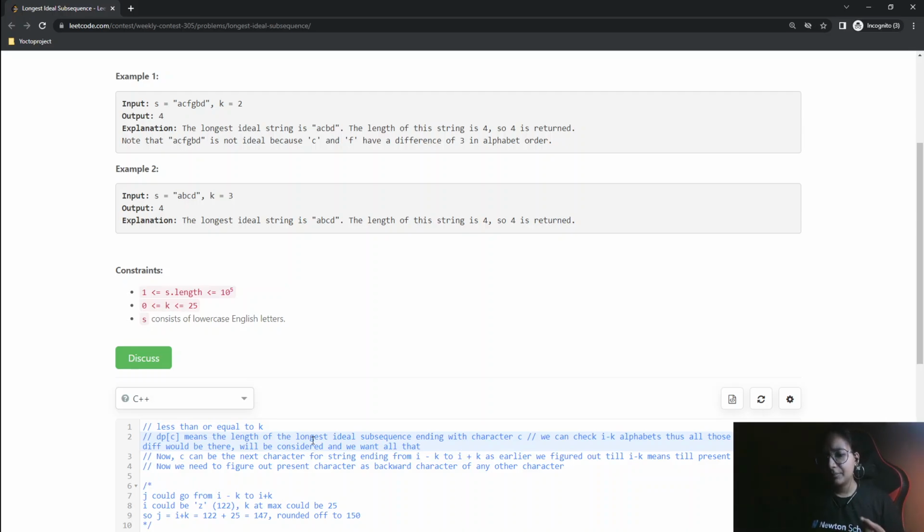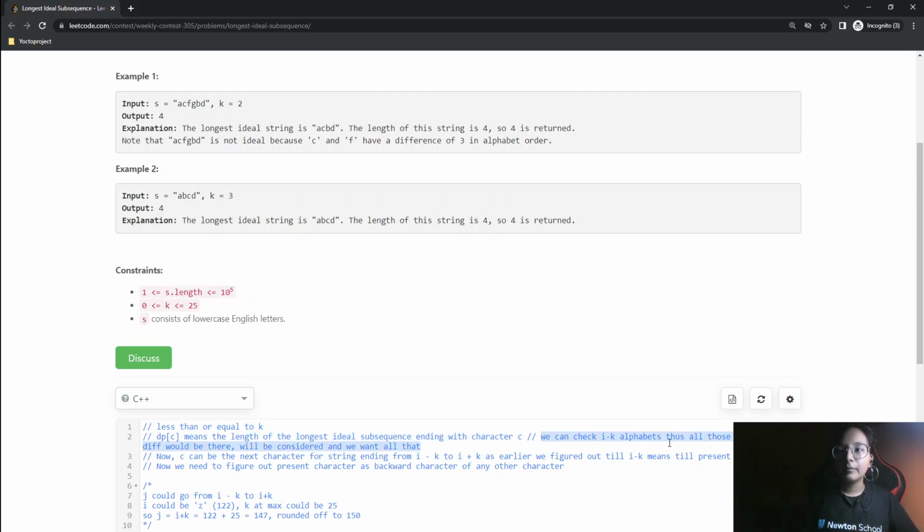So the thing is that dp of C would be that particular point at which we would be checking for the length of the longest ideal subsequence ending with the character C. Means till now whatever character C is there, till that we will be checking for all the characters. Are the difference equal to or less than K or not?